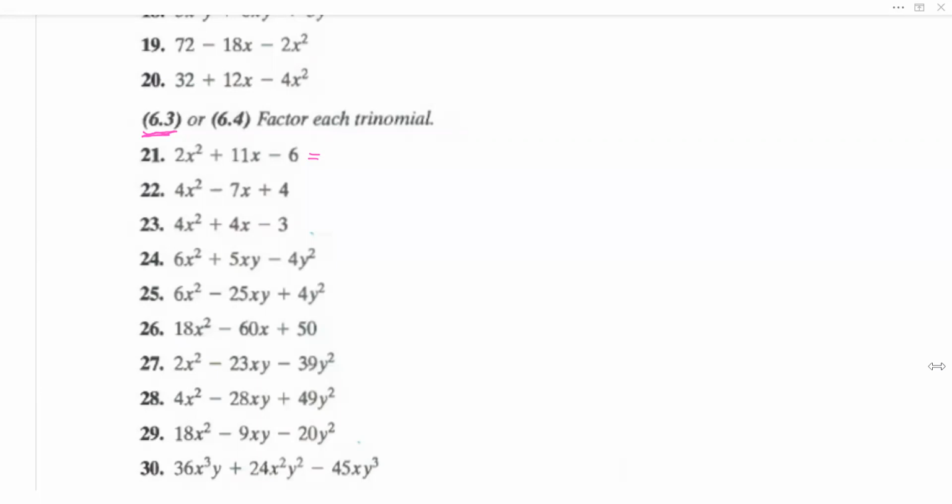Parentheses, x plus 6, parentheses, 2x minus 1. You got this, right? Plus 6 and minus 6. Okay, let's check it. So x squared, 2x squared, right? Negative x, positive 12x, so we get 11x and negative 6. Yes, you're correct. All right, next.